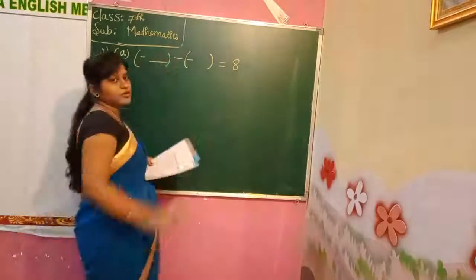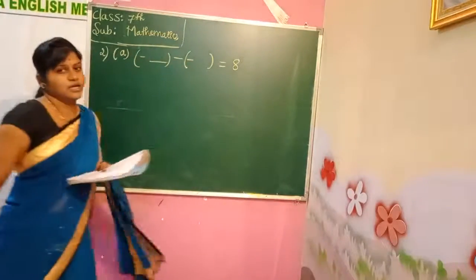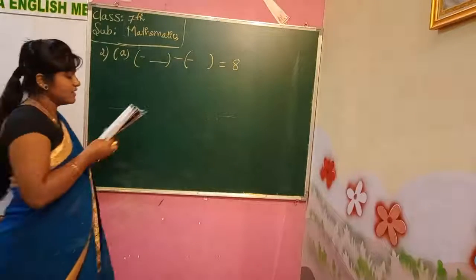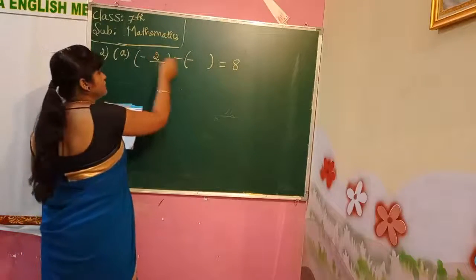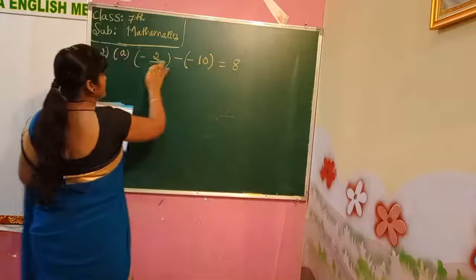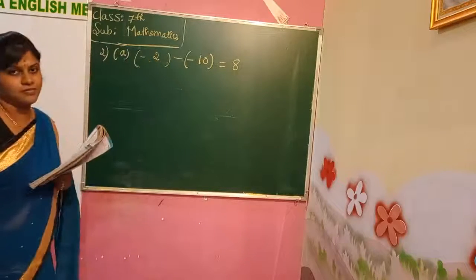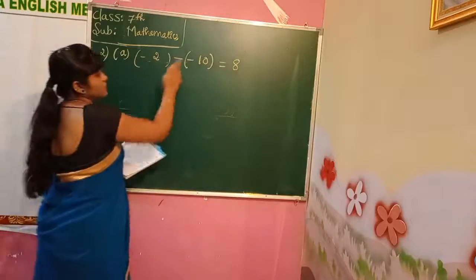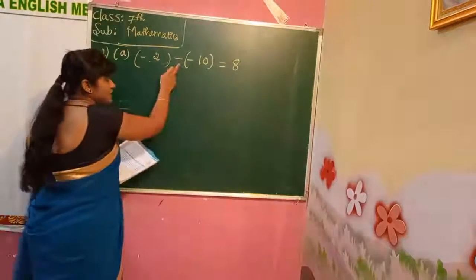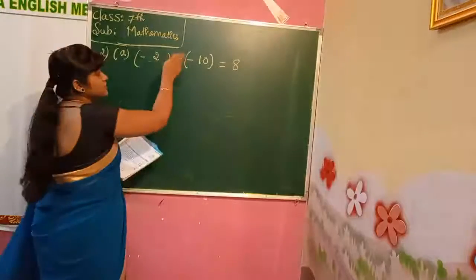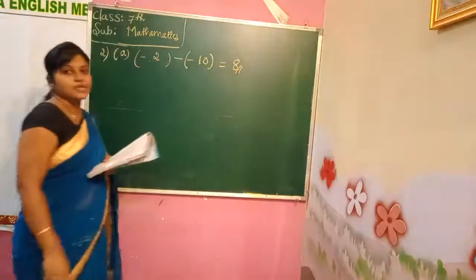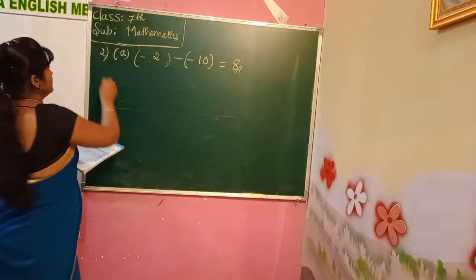So what numbers do we have to write there? Minus 2 and minus 10. Now what do we get? Minus into minus will be plus. But here we have a minus, and plus into minus will be minus. So 10 minus 2 will be what? 8. Yes, 8.